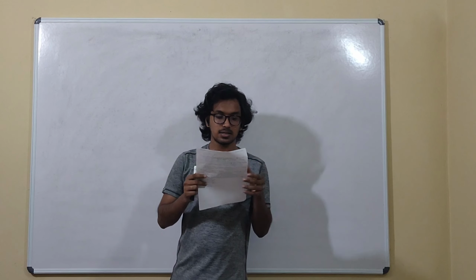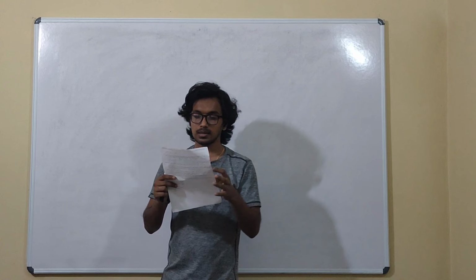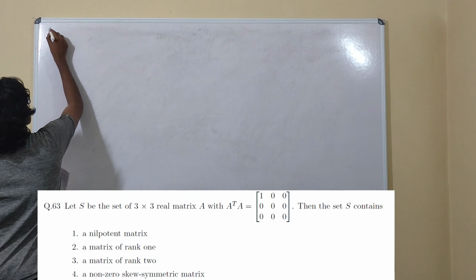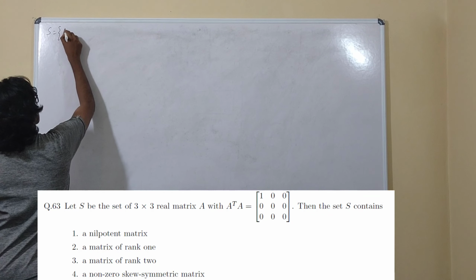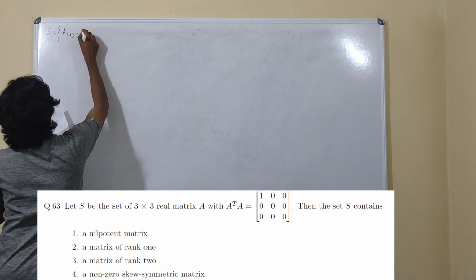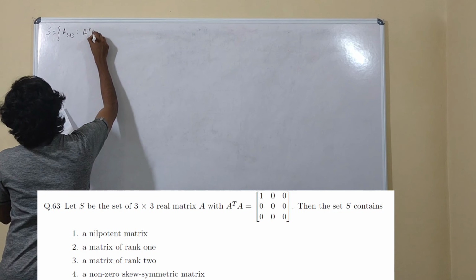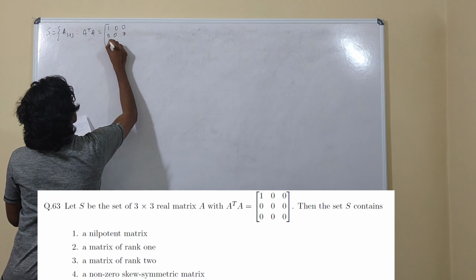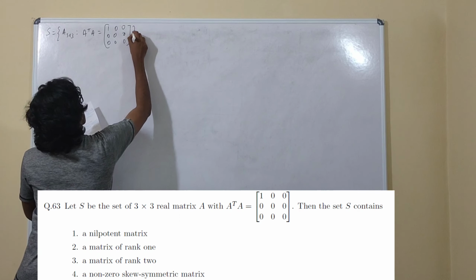The next question, it is given that S is a 3 by 3 real matrix satisfying a certain condition. Okay. S is going to consist of matrices of order 3 by 3 such that A transpose A is 1 0 0 0 0 0 0 0 0. Okay.